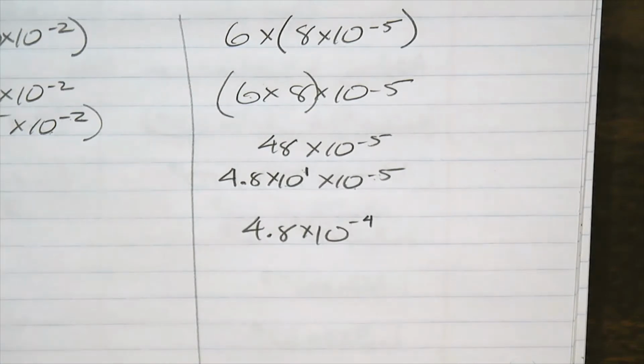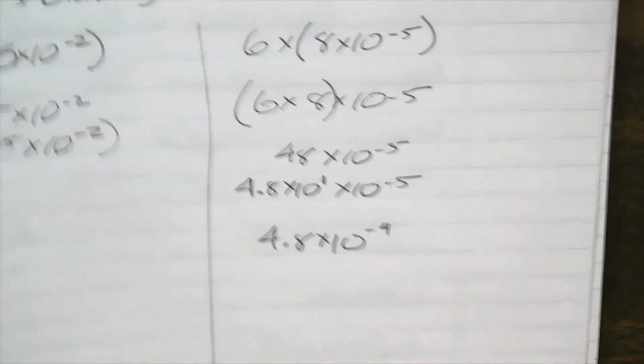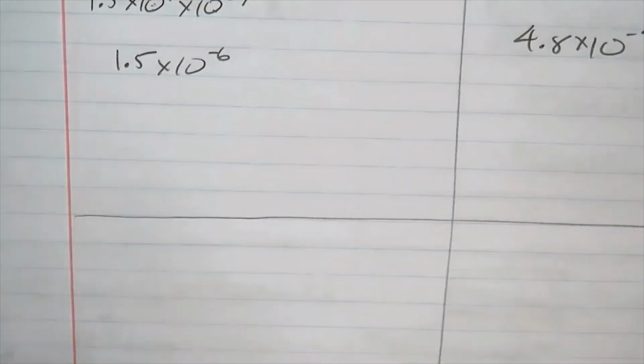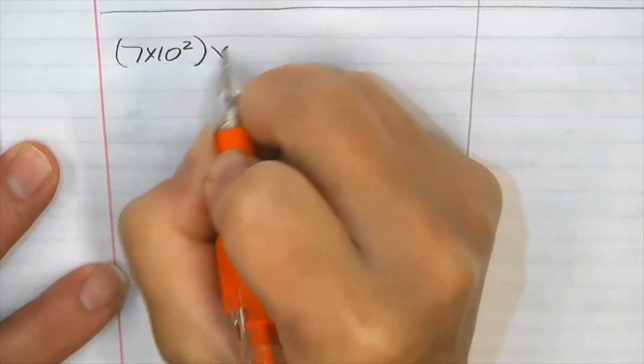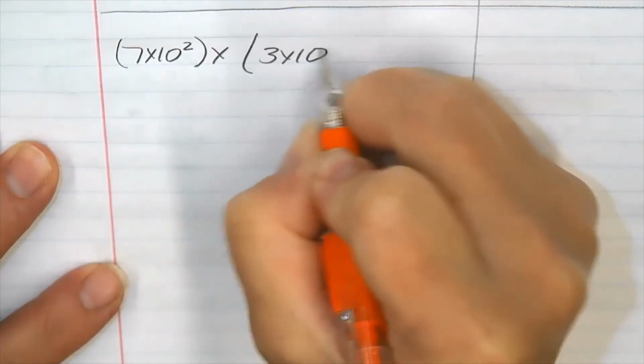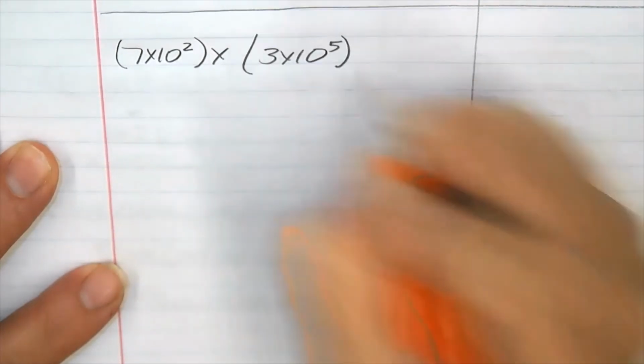So let's do another one. We have 7 times 10 to the second power times 3 times 10 to the fifth power.